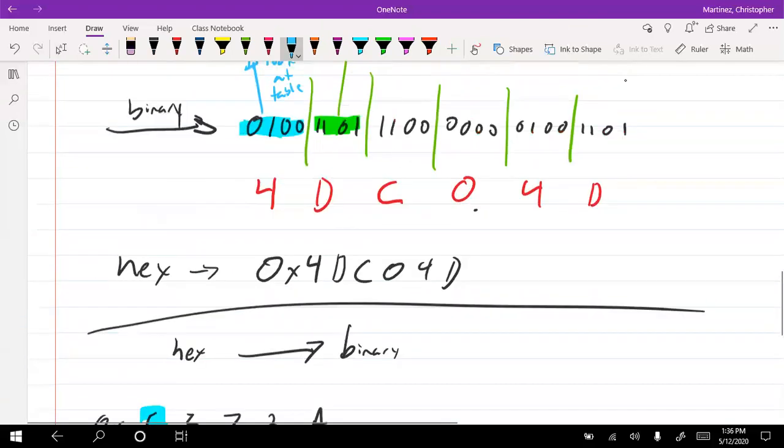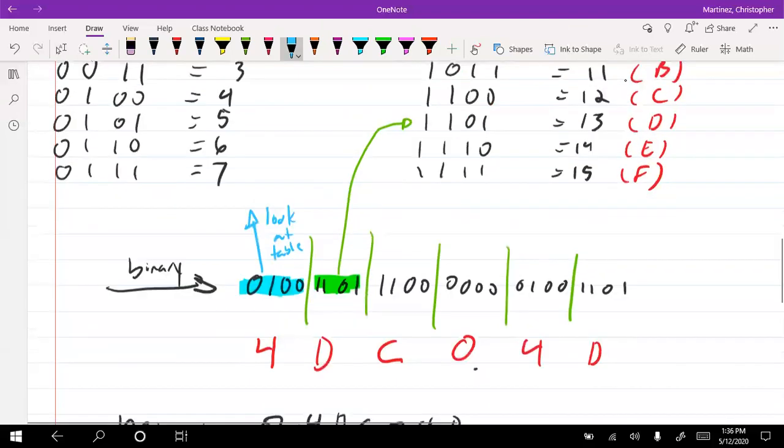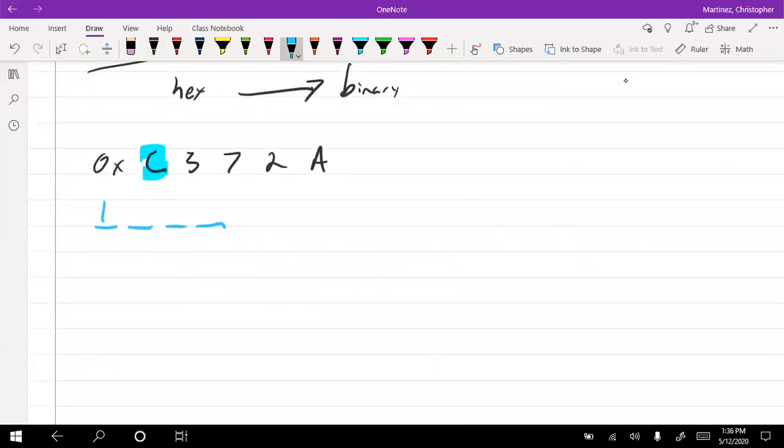So let's go look and see what C is. C is 1100. So that's the first 4 bits. Then let me highlight 3 in green. It takes 4 bits to make up the 3. That's 0011. Then let's do 7 in purple.